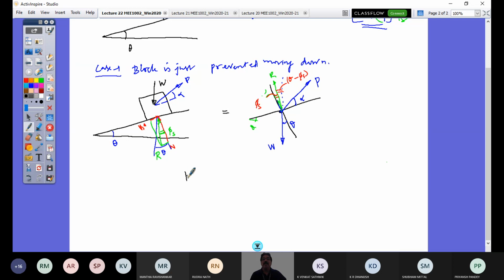So if I take vector P divided by the sine of the angle included by the other two vectors W and R. So what is that angle? R is on this side of the normal, right? Between W and R I should get the angle. This is the angle I require. So how do I get that angle?